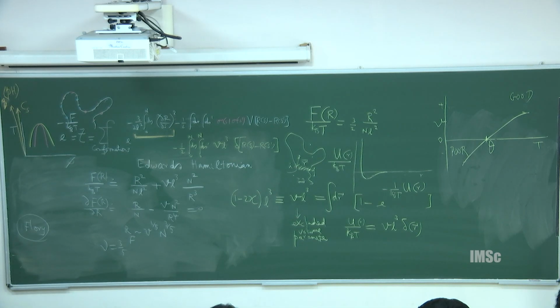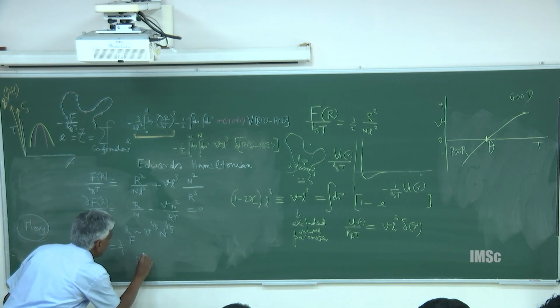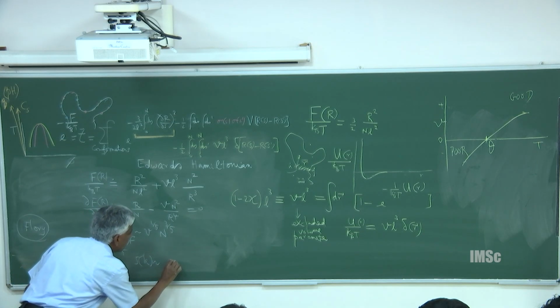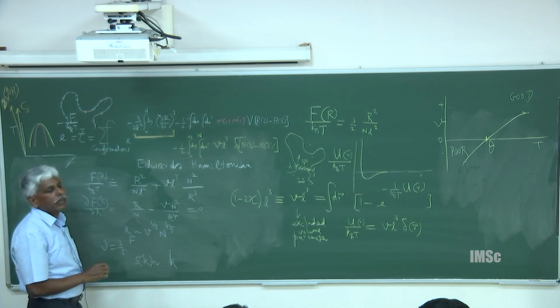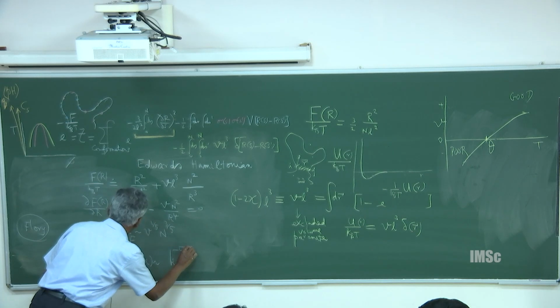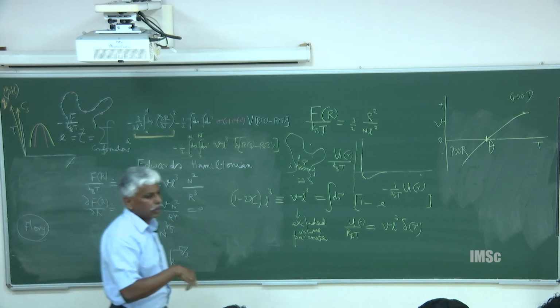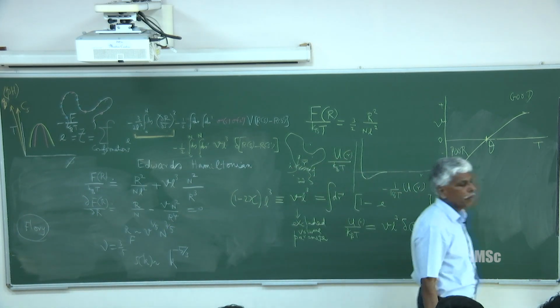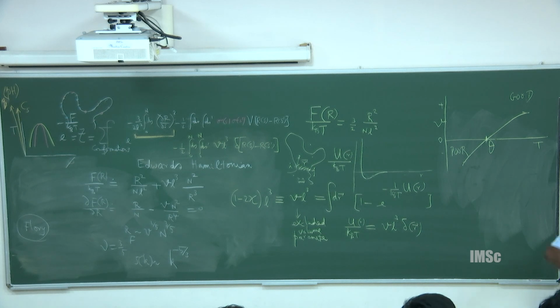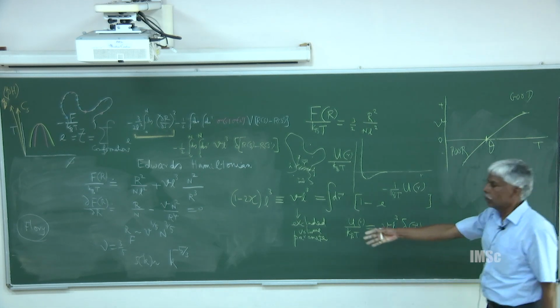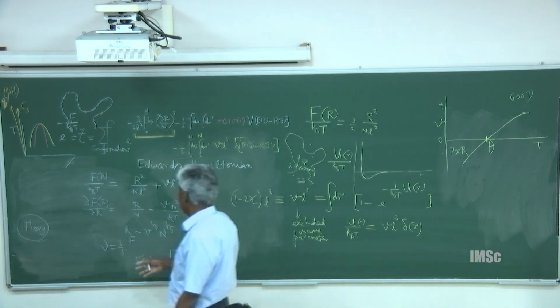I already told you, then the structure factor S of k will go like k to the negative 5/3. Fractal dimension is the reciprocal of nu, I told you, as 5/3. Everything comes very nicely. Everything is experimentally validated. This is particularly true for IDPs, you will see. This particular result is true for IDPs.